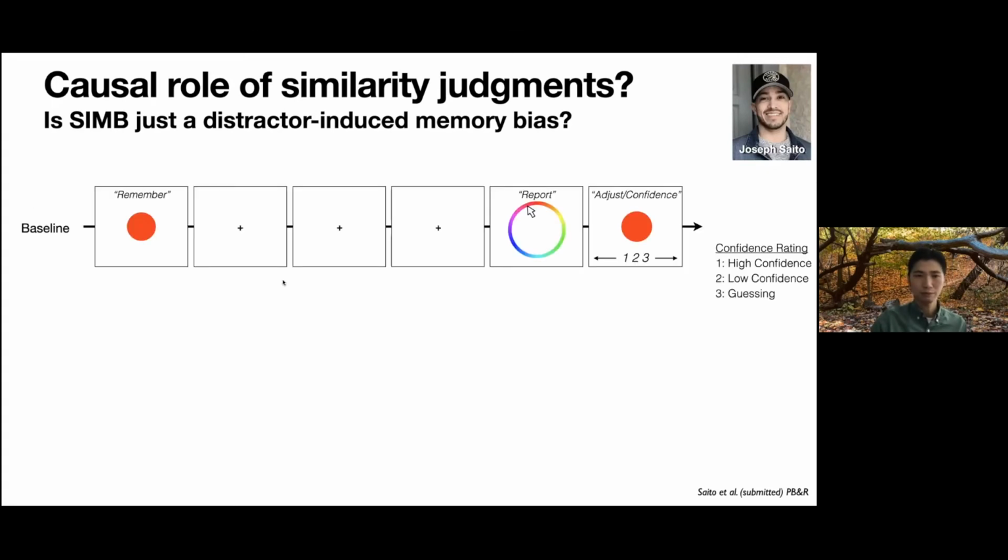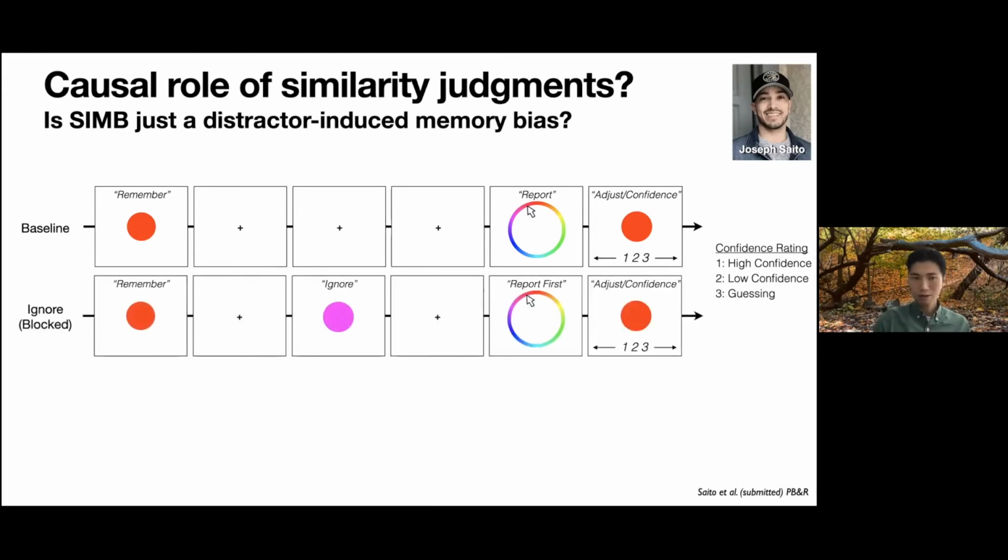So in his experiment, he had the baseline condition where participants had to simply remember that color patch, but he mixed this baseline condition with another trial in two different tasks, in two different blocks, sorry. In the ignore block, when participants saw this intervening probe, we told them to simply ignore that intervening probe.